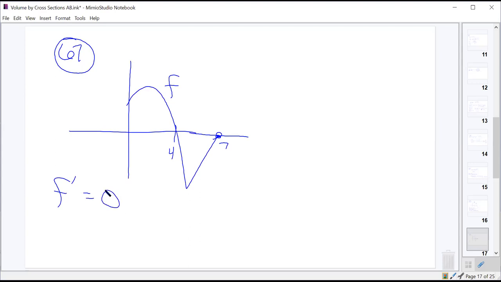The derivative can equal 0 at a maximum or a minimum. But it can also have a max or min when f prime is undefined. If we have a smooth curve for our max or a min, right there, at 2, then that's when the derivative is 0. But the derivative would be undefined if we have a corner or cusp, and it looks like that's happening at x equals 5. So the answer to 67 should just be at 2.